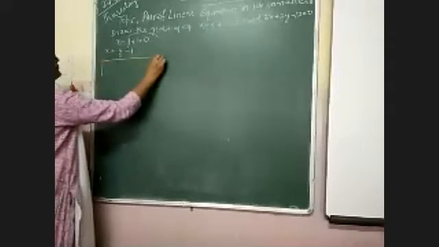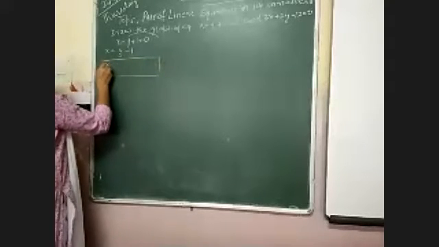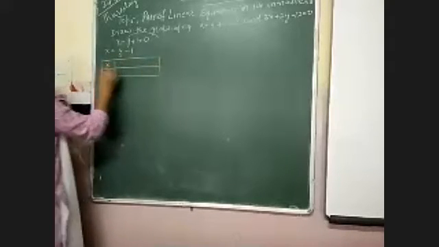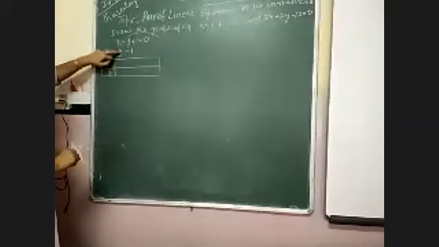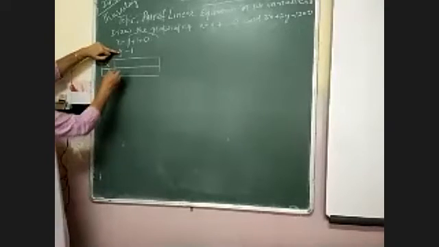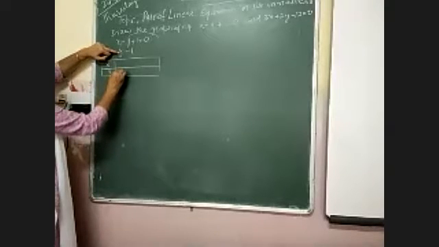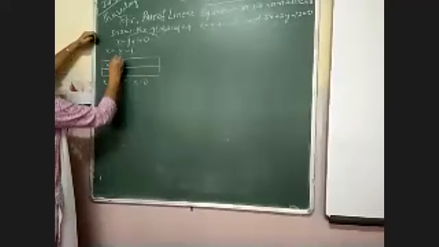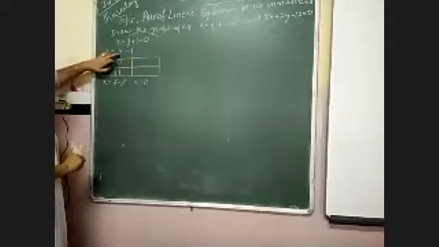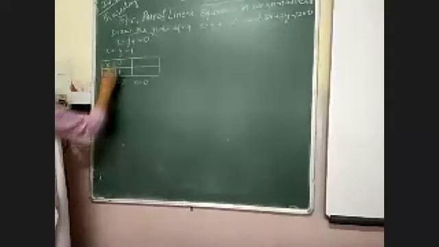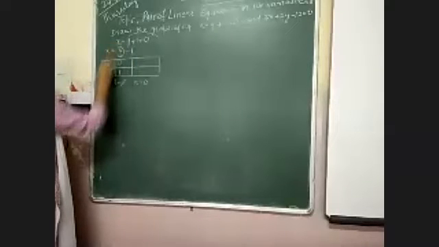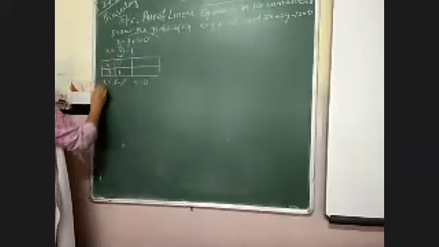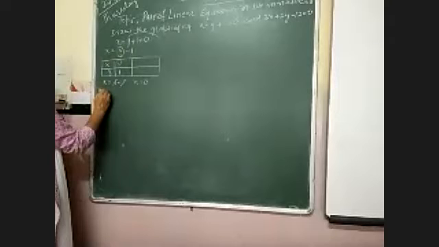Now put the value of y and take the value of x. When we put y equal to 1, then x equal to 1 minus 1, x equal to 0. Or when we put y equal to 2, then x equal to 2 minus 1.